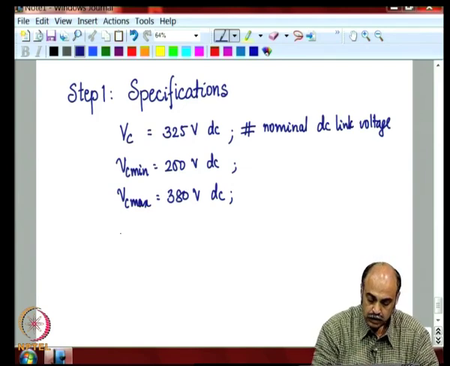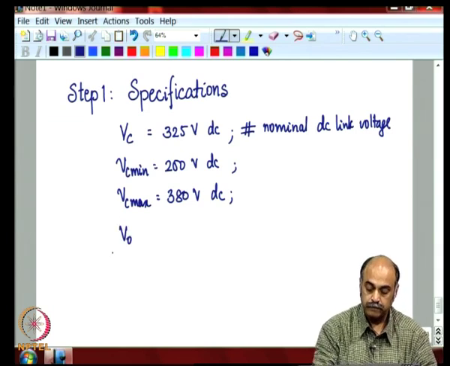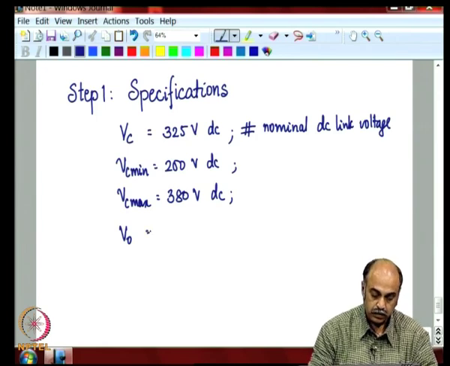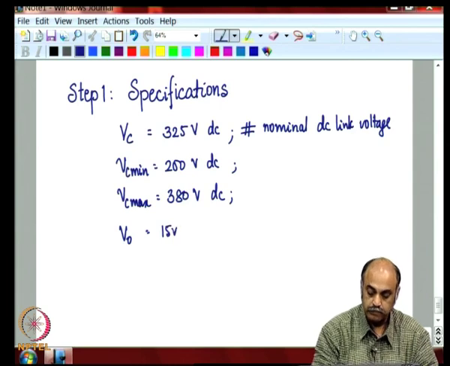And then what is the output V naught? So, V naught is, let us say, 15 volts.